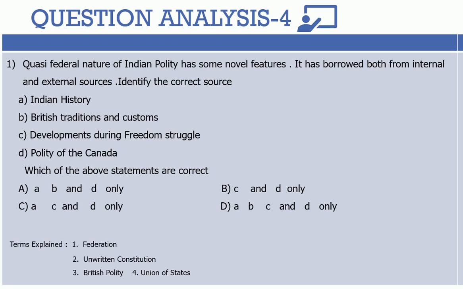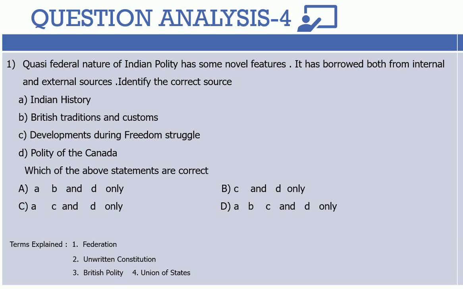Coming to the second part, that is British traditions and customs. Already I have told, Britain is not a federal state. It is a unitary state. So we have not taken specific examples, a prototype, from the British polity into the Indian quasi-federal state. So definitely that may not be the source. Third one is developments during the freedom struggle.